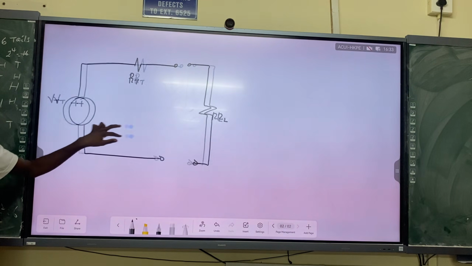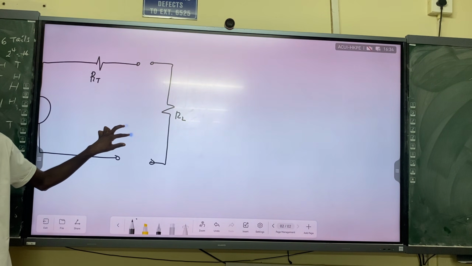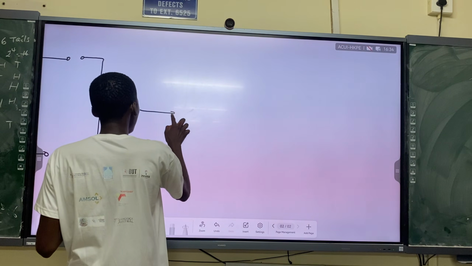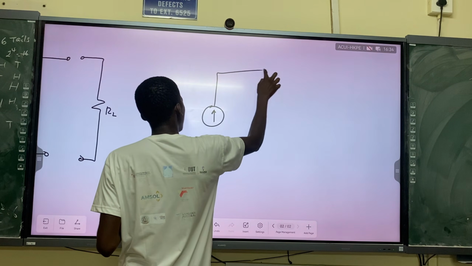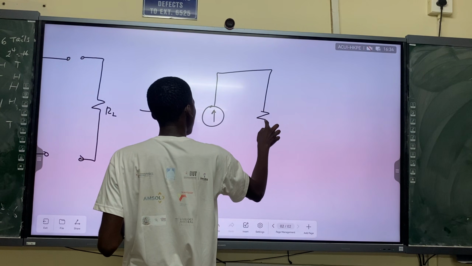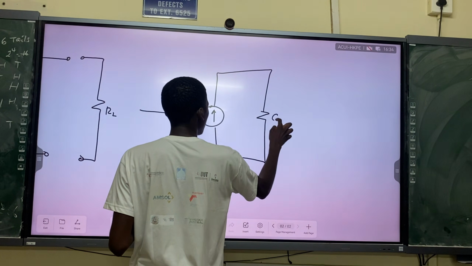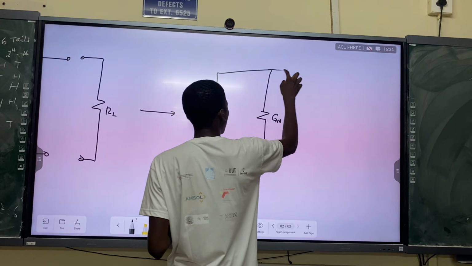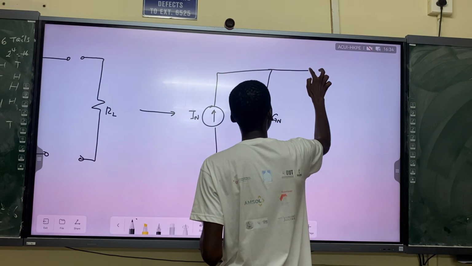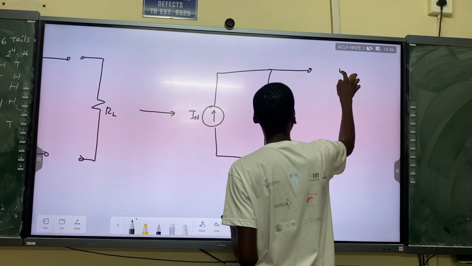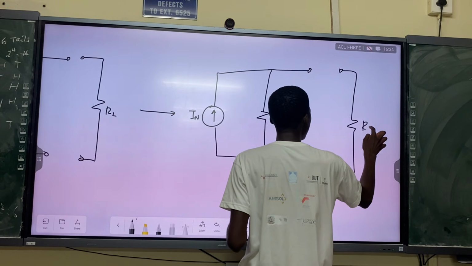But we can still get to R load using another method, which is Norton's. We have a parallel combination of Norton current and Norton conductance, and we take R load out.